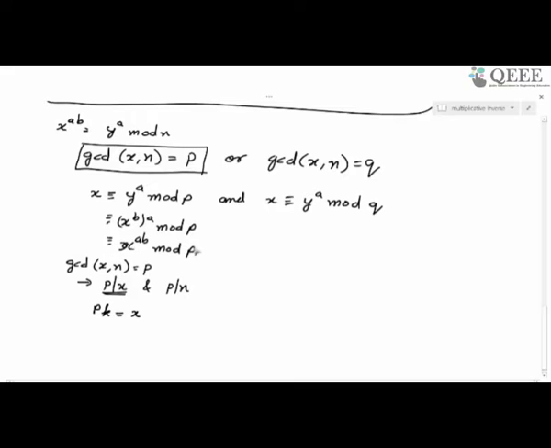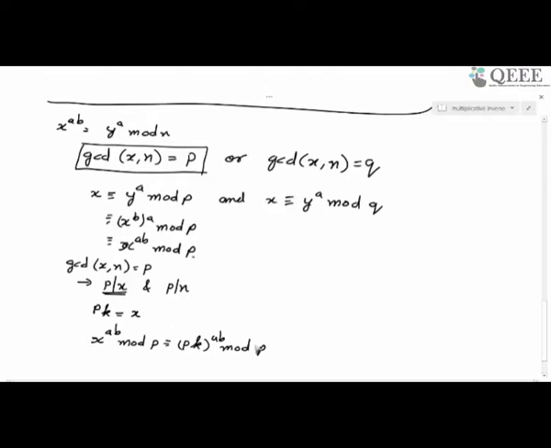So we can represent x to the power of ab mod p as p into k to the power of ab mod p.